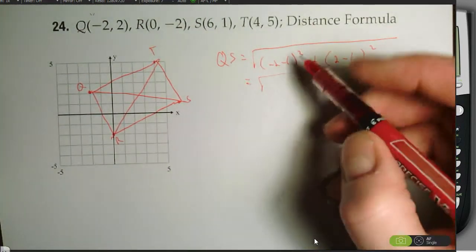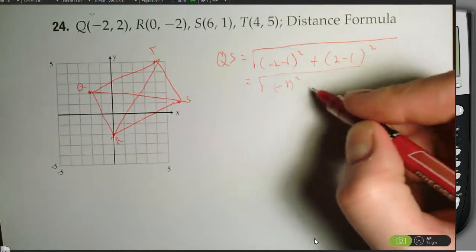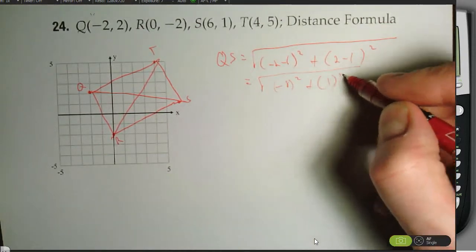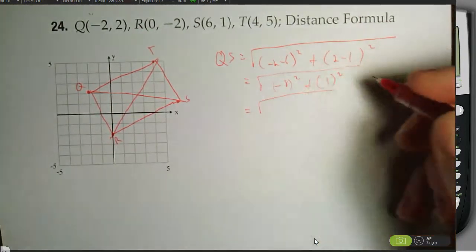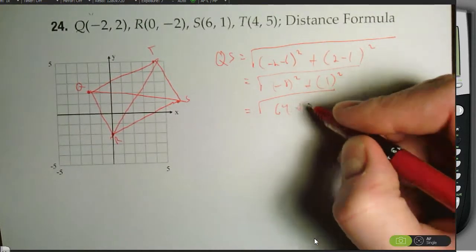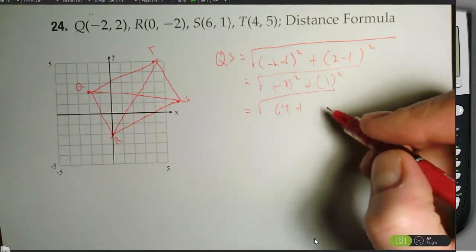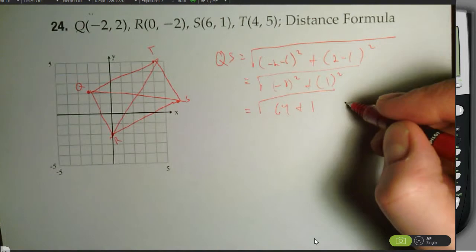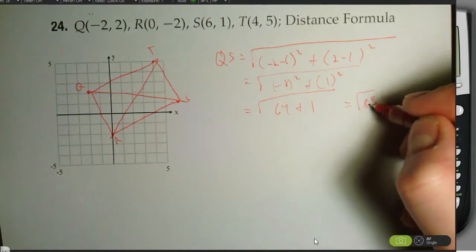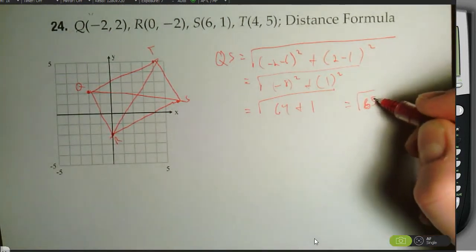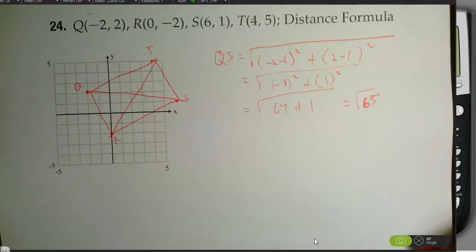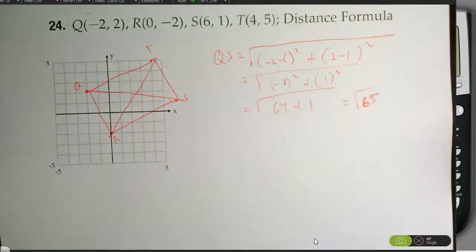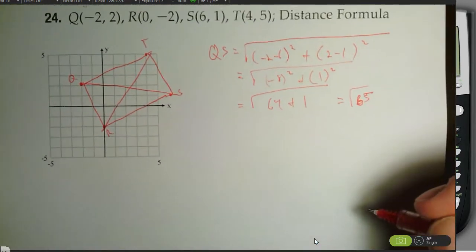That's going to give us negative 8 squared plus 1 squared. Well, negative 8 squared is 64, and I square it because it's negative 8 times negative 8. 1 squared is 1. So root 65. Now I'll do the same thing with TR, and I'm going to get root 65 again unless I messed up somewhere. We'll find that out together.